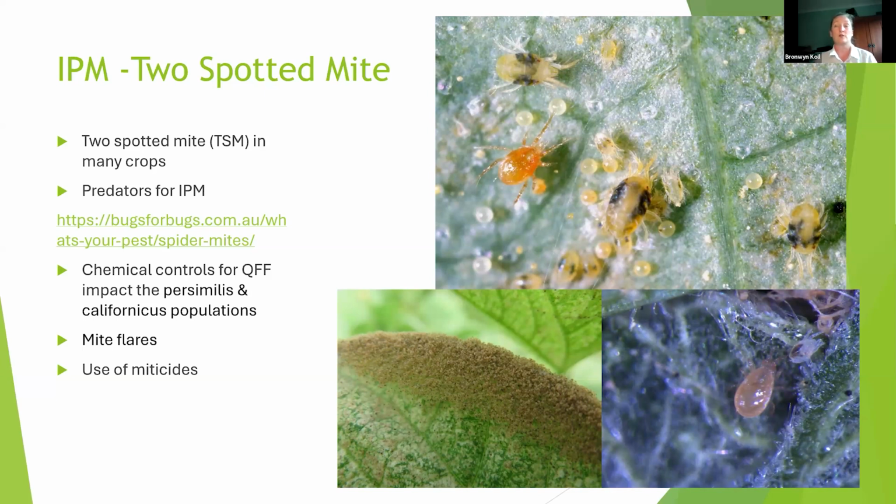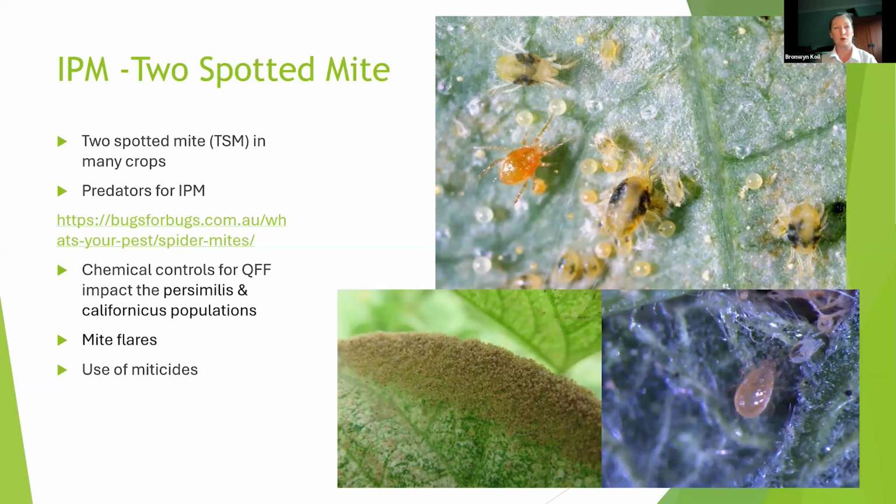If Queensland fruit fly control is brought in and applied in a broad spectrum manner, this can kill off the Persimilis and Californicus, and we can end up with what we term a mite flare. That's hundreds and thousands of mites all over the leaf. The result from that is the use of miticides, or the plant actually doesn't do very well at all.